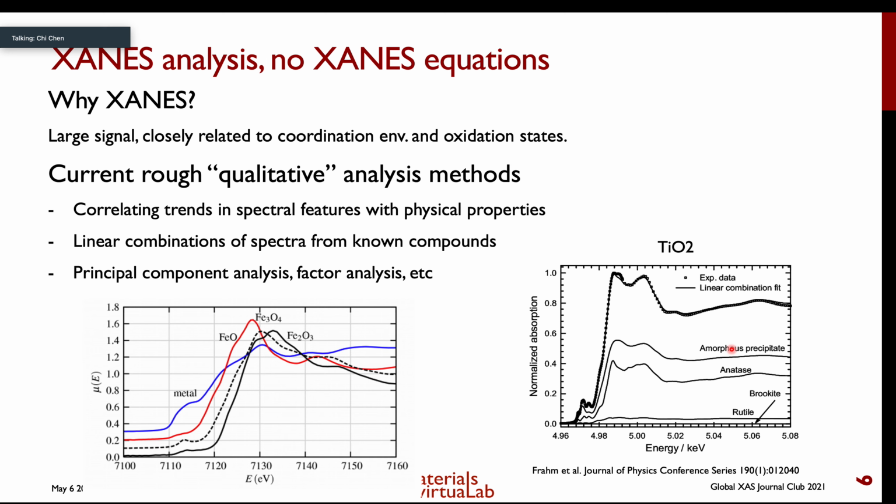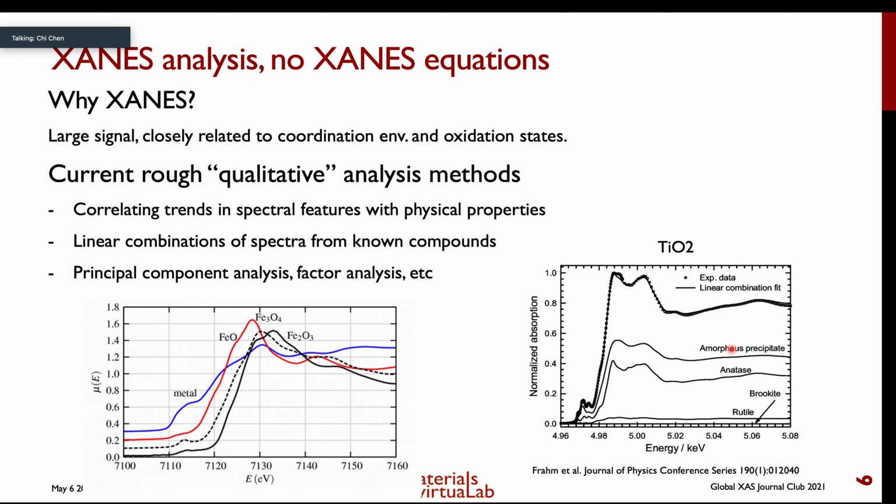Then you can know what this spectrum looks like among all the reference spectra. Or, in the case that your sample is made of several different components, you can do a linear combination of the individual components to try to match your unknown compound.